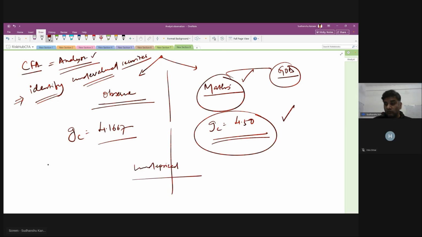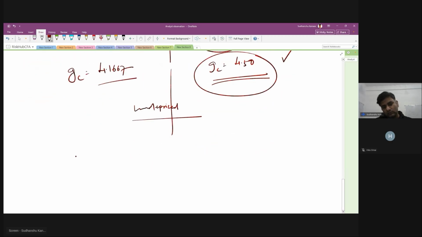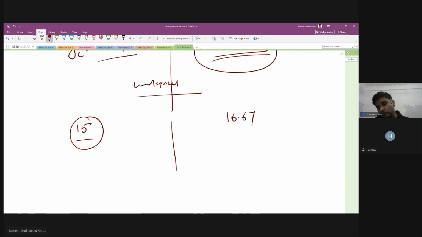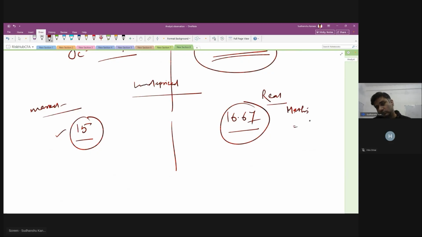If you look at your forward price to earnings, the market was showing 15. Your maths was showing you 16.67. Market was saying that your next period forward price to earnings will be 15, but the real thing, which is maths, which is God, is showing you 16.67.